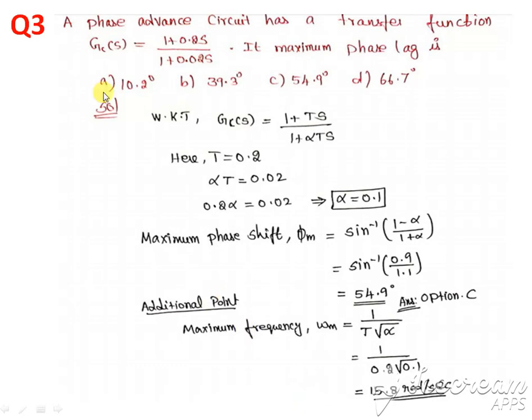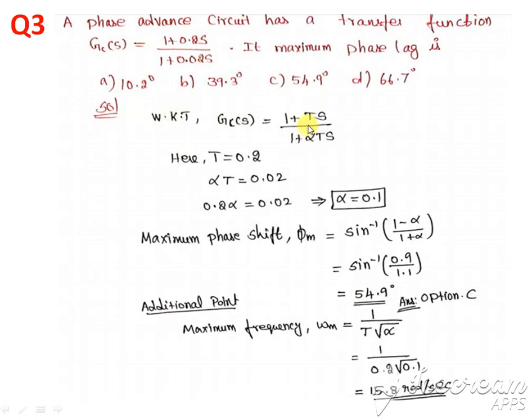Third question: a phase advance circuit has a transfer function Gc of s equal to 1 plus 0.2s divided by 1 plus 0.02s. Its maximum phase lag is? Options are given. In general, the transfer function of the compensator is 1 plus Ts divided by 1 plus alpha T s.